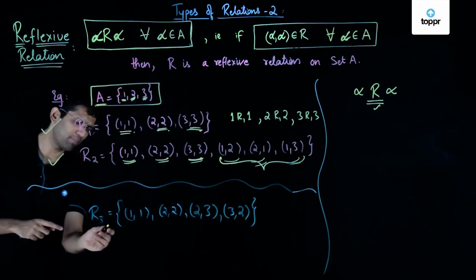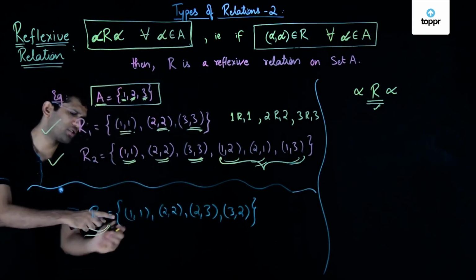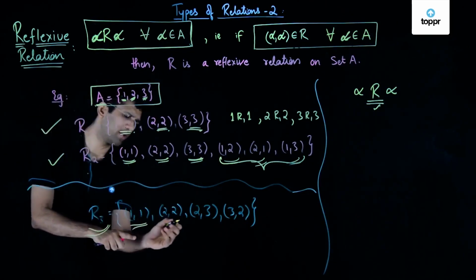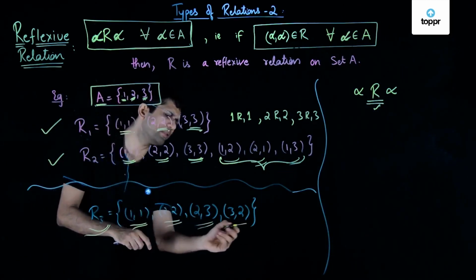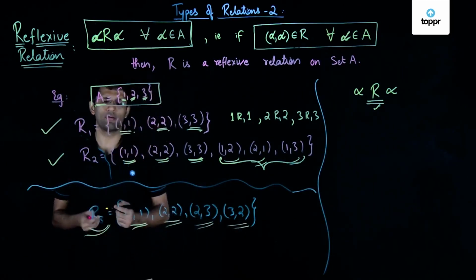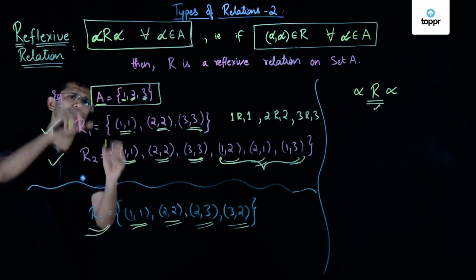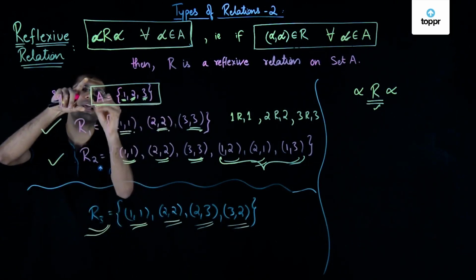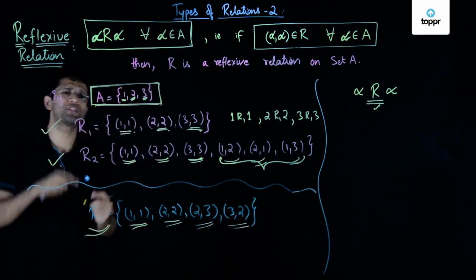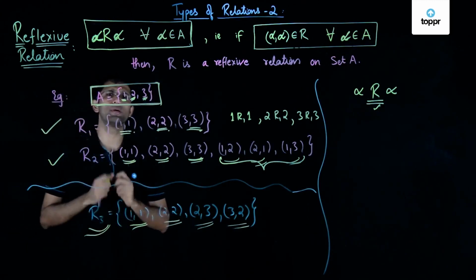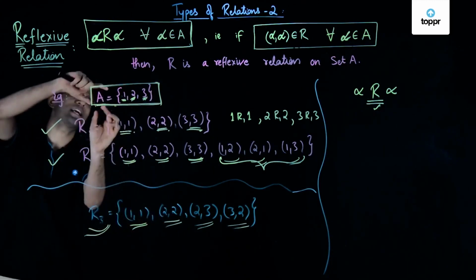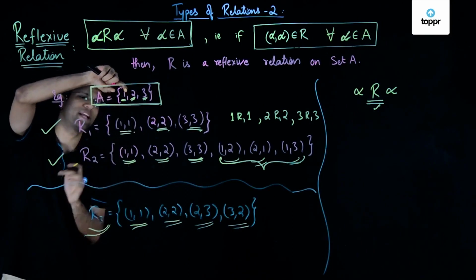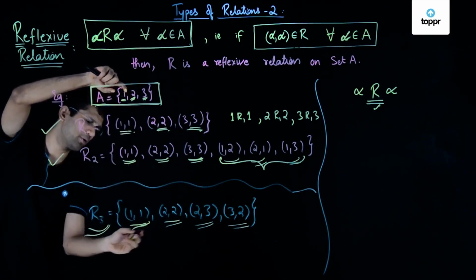So now we have taken a sample relation R3 which consists of ordered pairs (1, 1), (2, 2), (2, 3) and (3, 2). Now if you look at R3 and if you look at set A, we know that a reflexive relation is one in which every element is related to itself. And so if you look at the first element 1 of set A, you will realize that 1 is related to itself.